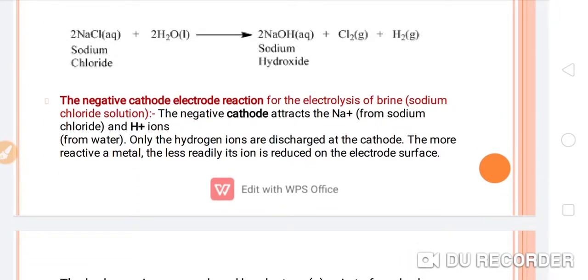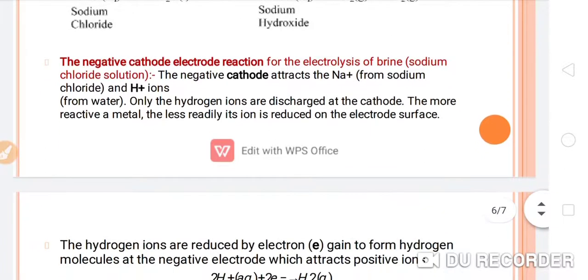Now next, which reaction takes place at which electrode? Let's see the negative cathode electrode reaction for the electrolysis of brine, that is sodium chloride solution.